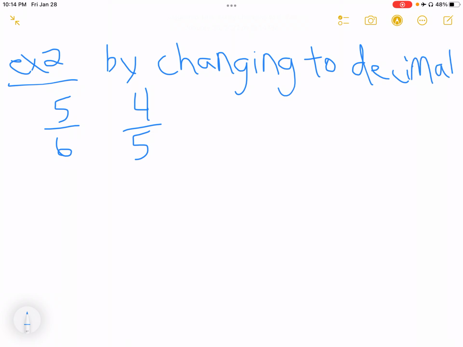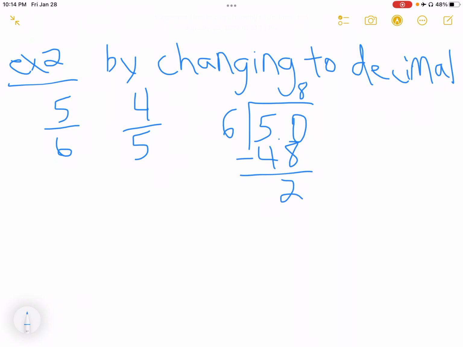then I have to do a little bit more work, but it's not too bad, right? So I have to do 5 divided by 6. We did that a little bit earlier, right? So if we did 5 divided by 6, it doesn't go in 5, but then it goes in 8 times here. That gives us 48. Subtract, we get 2. Then we can bring our 0 down.